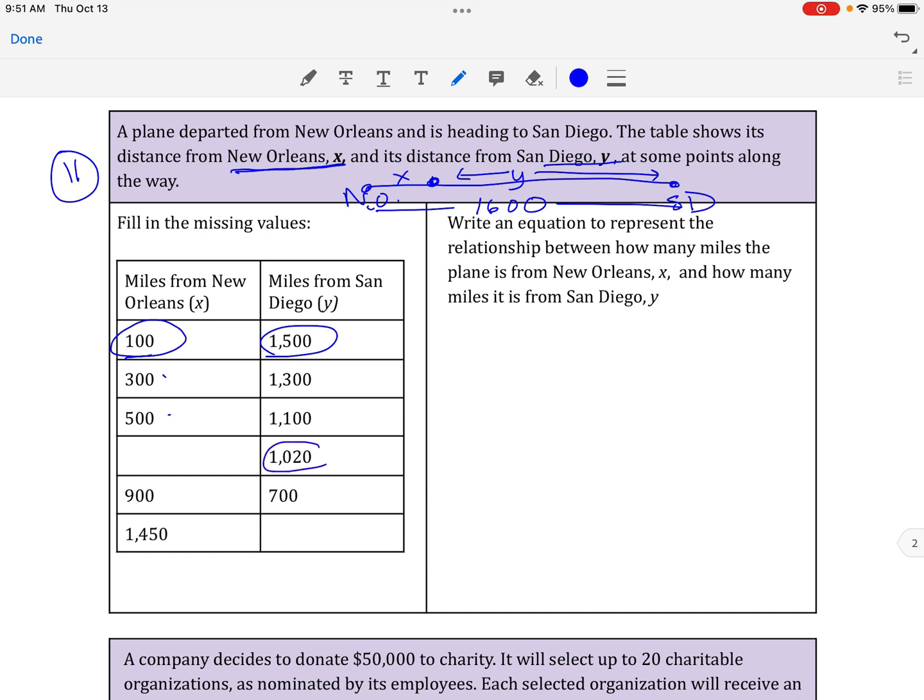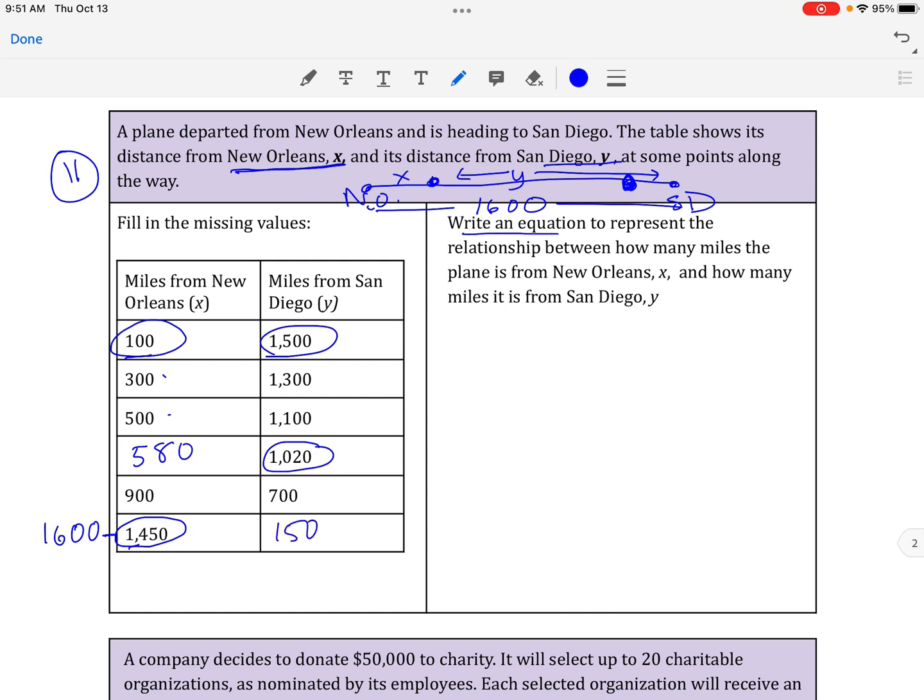So if we are 1,020 miles from San Diego, we just subtract that from 1,600 to see how far we are from New Orleans. Same thing here. Here we've gone pretty far from New Orleans, so we're pretty close to San Diego at this point. So I could just say 1,600 minus 1,450, and I would get 150.